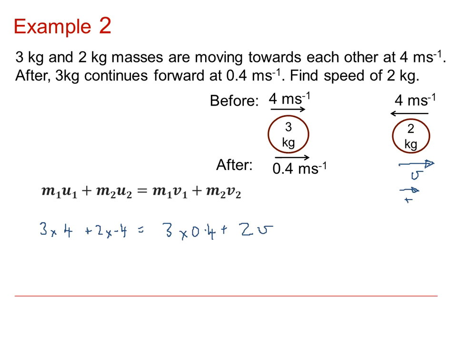And if we calculate that, you'll find that v is equal to 1.4 meters per second.